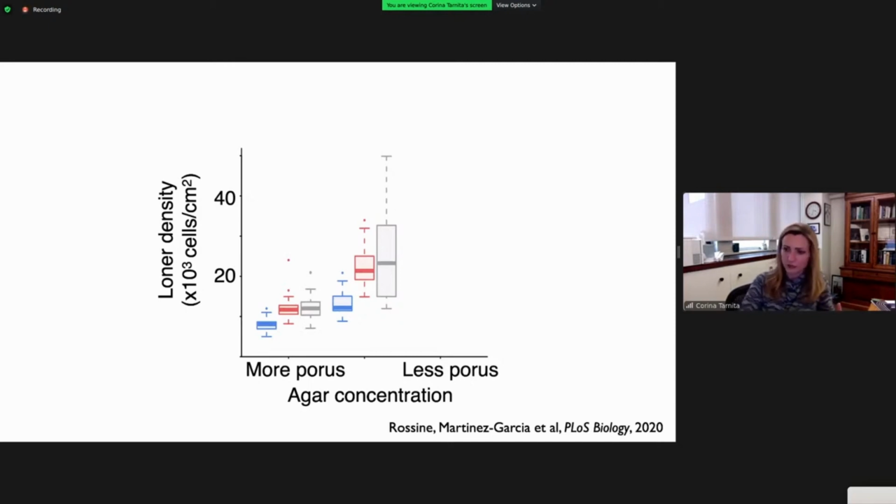All strains had fewer loners. At less porous agar, they had more loners. But notice also that the differences between strains aren't proportional as you go across these different levels of agar concentration. They're clearly more porous agar makes all strains more similar, less porous makes them even more different.